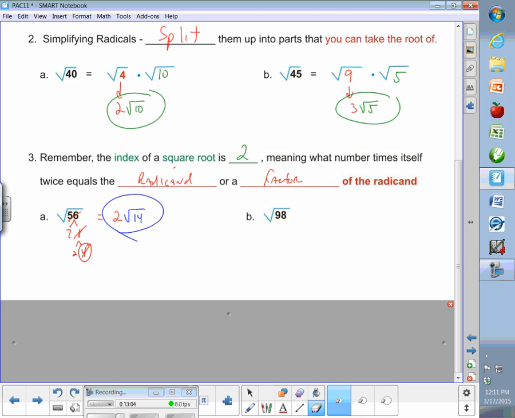So here I am at square root of 98. Now in this one, I immediately think of 2 and 49. I don't know what you think of. That's my brain. Did you have to go 2 and 49? No. But now we're good to go, aren't we?